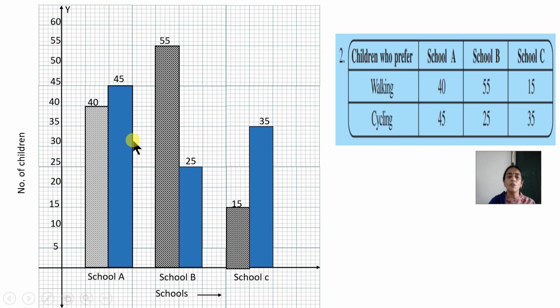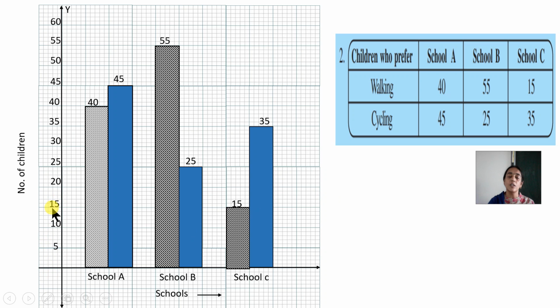Now, let's see what scale we are taking. Scale we are taking 1 on y-axis, 1 centimeter is equal to 5 children because one small square is equal to 5. That means 1 centimeter is equal to 5 children. So I plot accordingly 5, then 5 plus 5, 10, then 10 plus 5, 15.